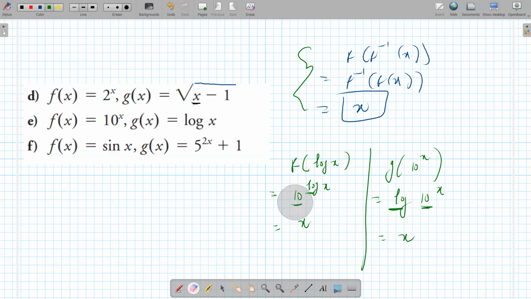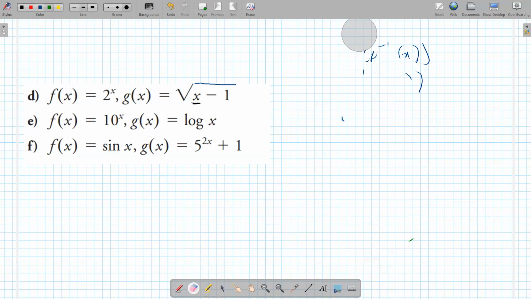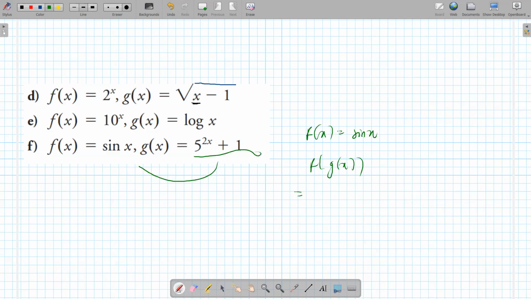Let's try f of g of x. Look at this. If you see it, you see it because it's a very quick answer.